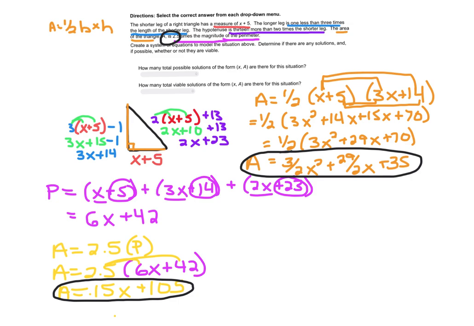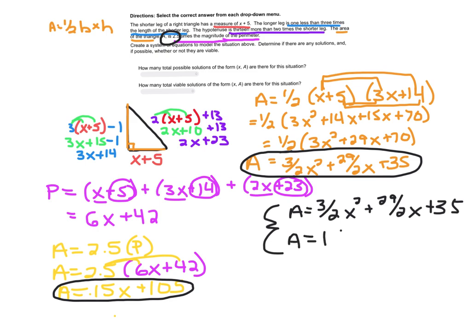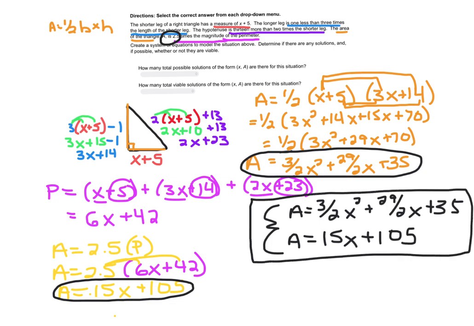So now we have our systems of equations, with our two equations being 3/2 x squared plus 29 over 2x plus 35 and 15x plus 105. Given this systems of equations, we can now solve for viable solutions. You've got it from here.